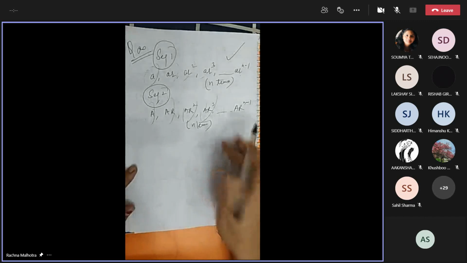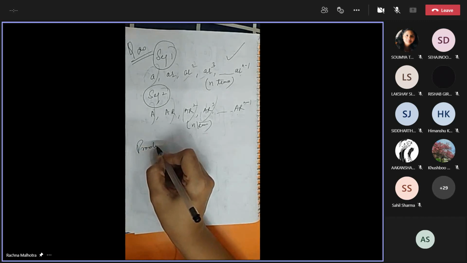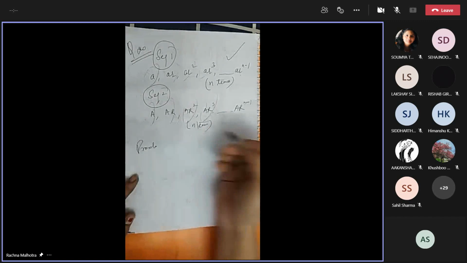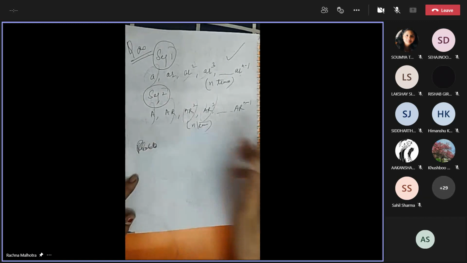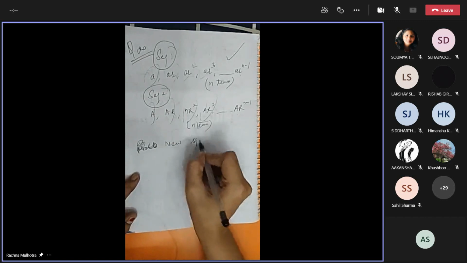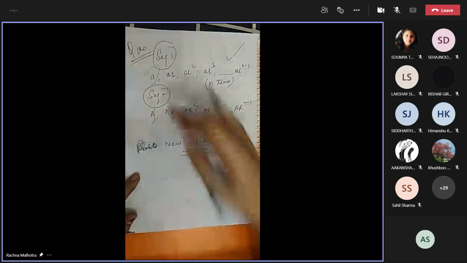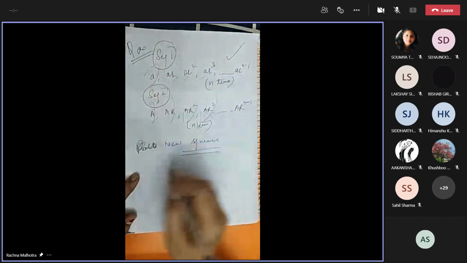Find the common ratio. So first of all, I'm finding the product of corresponding terms. Or you can write the new sequence. I'm writing the new sequence by multiplying corresponding terms.